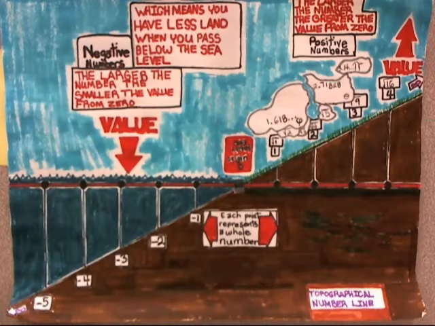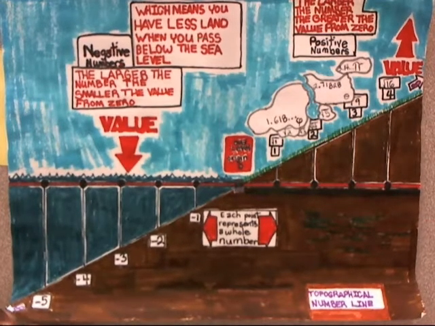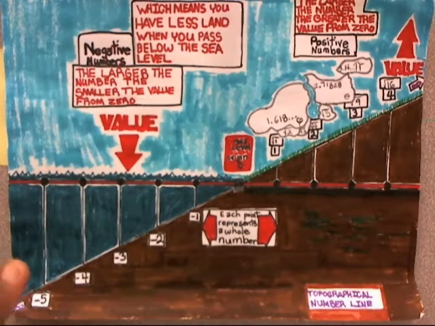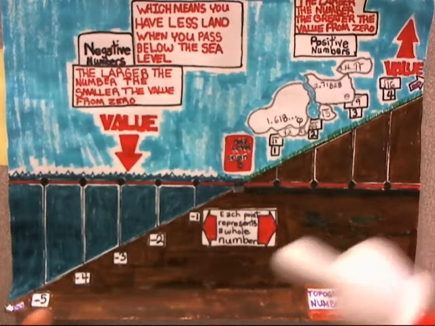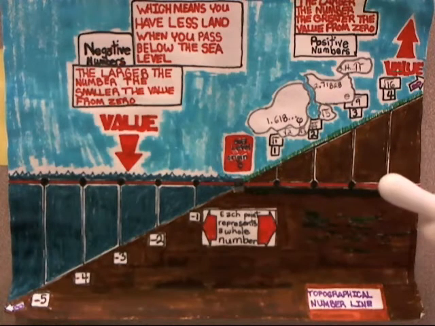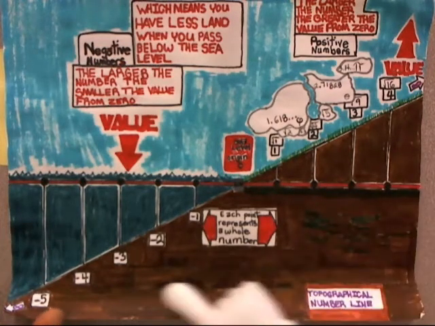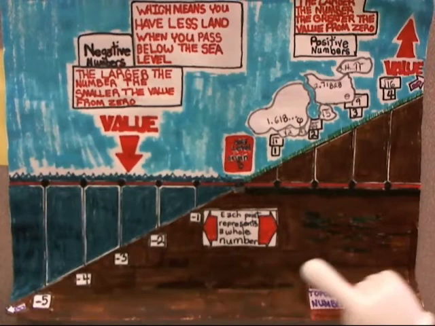This is an analogy referring to the number line, how it works, and we're going to discuss some things here. There's some things on the number line that I'm going to point out. One is the brown that you see right here.